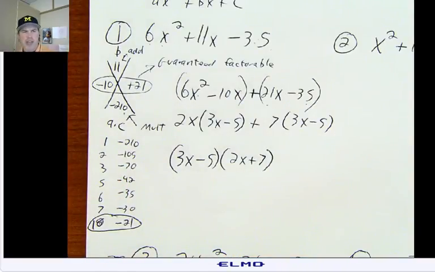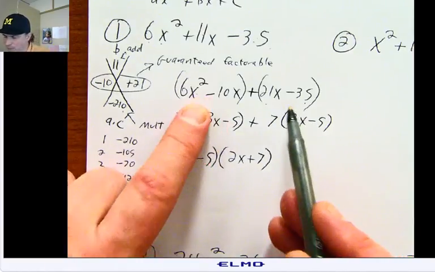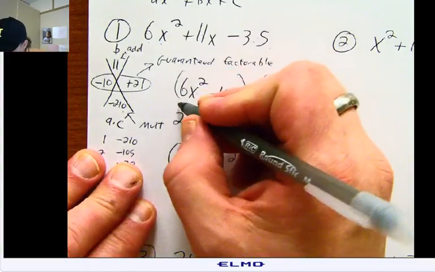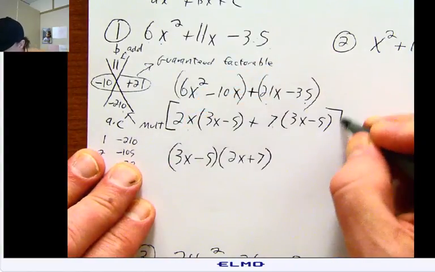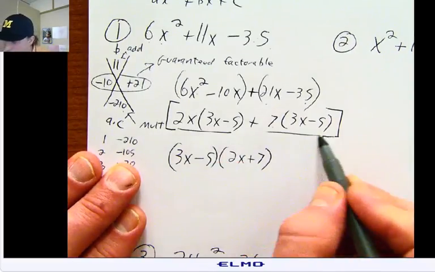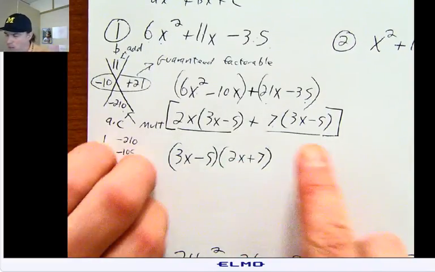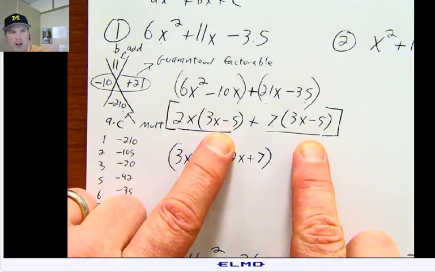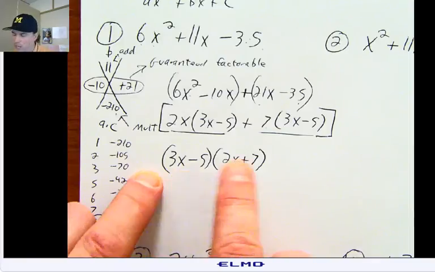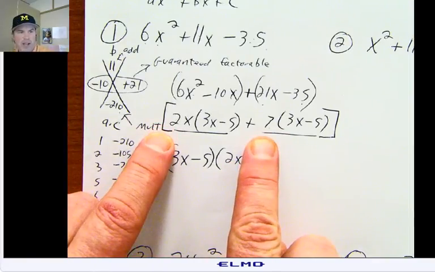To explain that step, after I factored out the 2x here and the 7 here, it's like I put a big bracket around the entire thing and asked, what do this thing and that thing have in common? They have the 3x minus 5 in common, so I factored out the 3x minus 5, and what would be left behind would be the 2x and the plus 7.